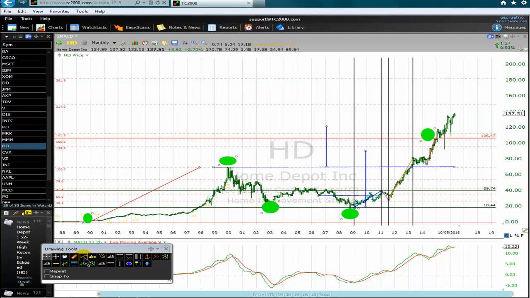So it's a kind of a 1-2-3 correction, a complex correction that started in 2000, and for nine years we had a correction for this Home Depot stock. Trending first, followed by correction.